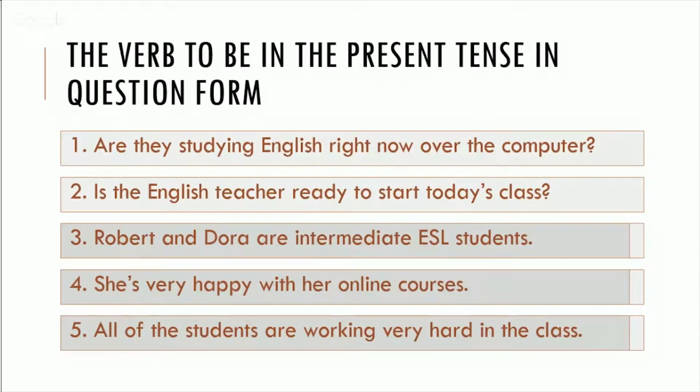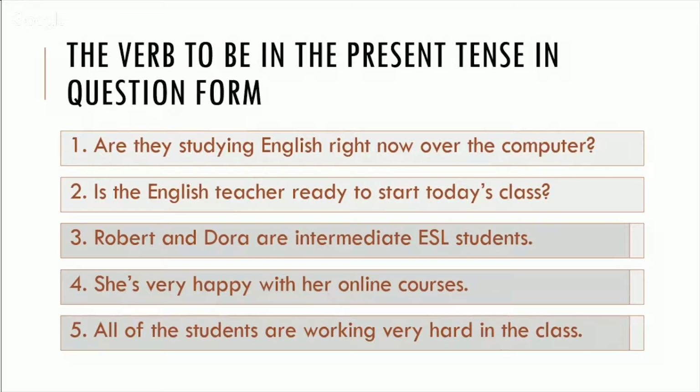Robert and Dora are intermediate ESL students. Find the verb to be, move it to the beginning, and you will turn the statement into a question. Okay. So we have an answer there that I'm looking at, and that does look good. I'll just wait for one more, and then I'll show the response on the screen.